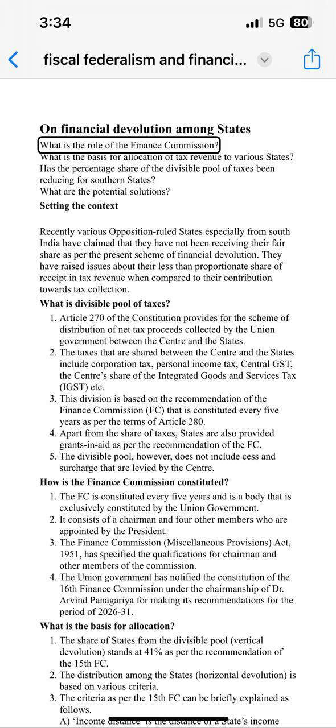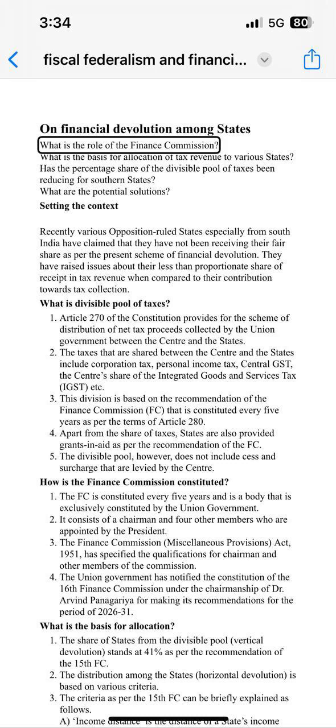1. Corporate income tax. 2. Personal income tax. 3. Central GST. And 4. Integrated GST. Right? So this net tax revenue is supposed to be shared with the states by the center, and it is specified under Article 270.